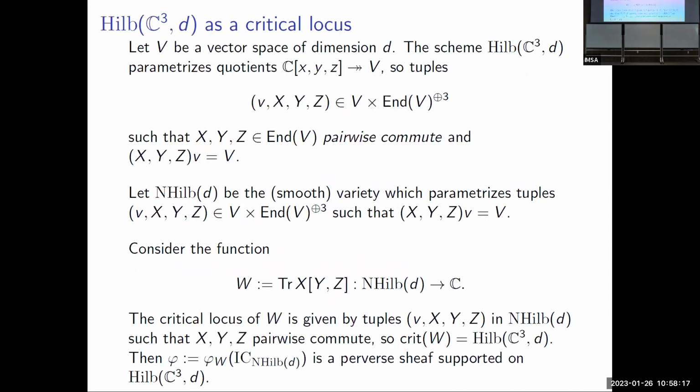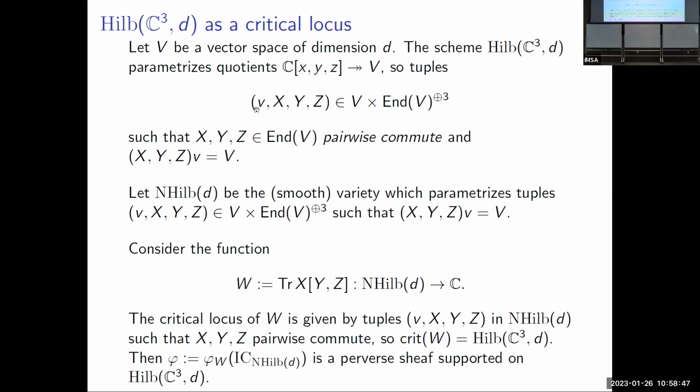Okay, so let's try to describe the Hilbert scheme of D points on C3 via some linear algebra. So let V be a vector space of dimension D, and then the scheme Hilb C3D parameterizes, now we look at quotients instead of ideals, quotients of the structure sheaf of C3, so C[x,y,z], of length D. So how can we understand this?